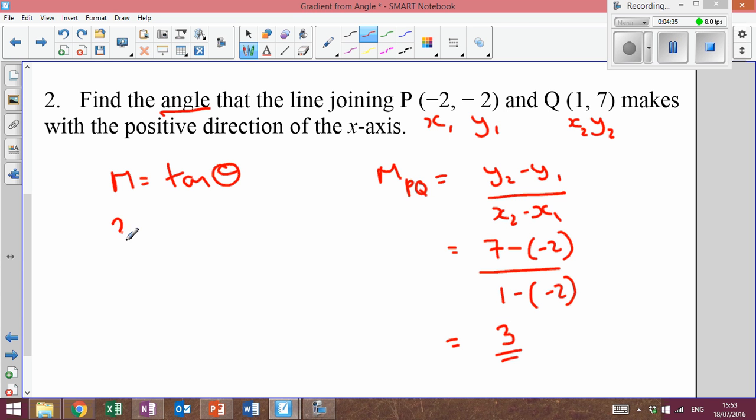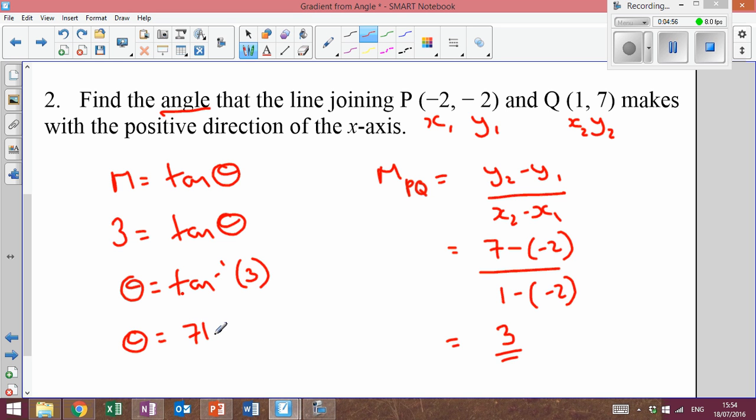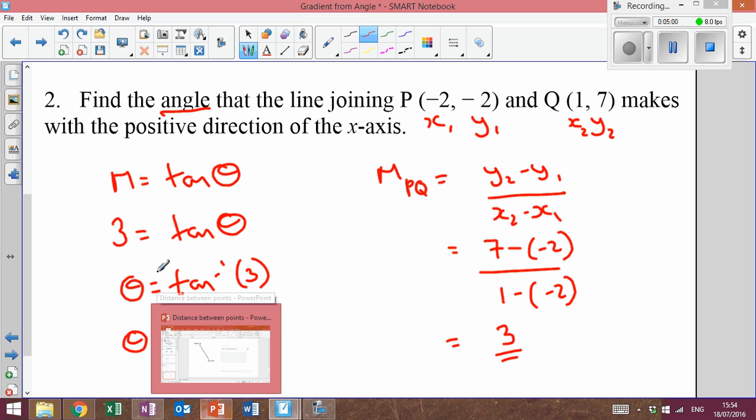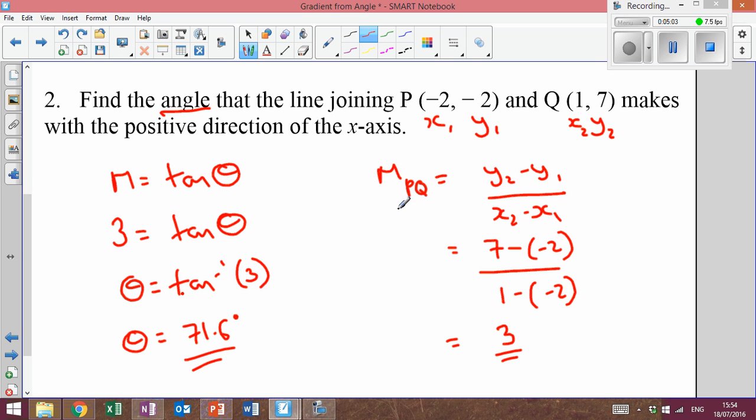So we know the gradient is 3 from these two points. So 3 has to be equal to tan theta. If we want to know theta, we do the inverse tan of 3. Tan inverse of 3 means our angle is 71.6 degrees. So that's working with the gradient to work backwards to get the angle.